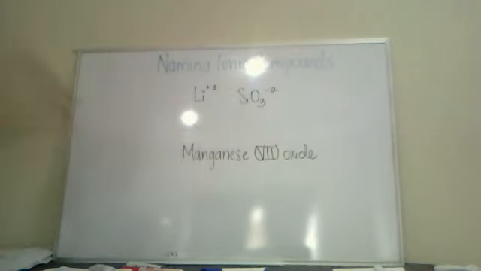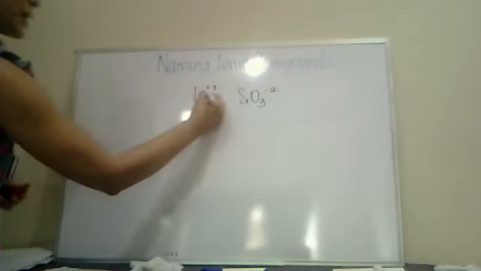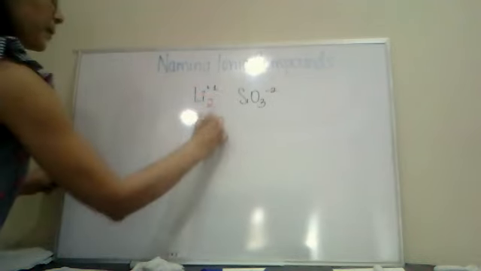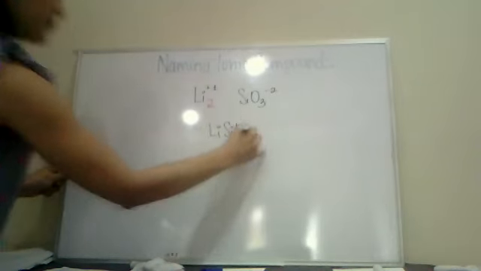And it's on the back part of the periodic table or in the chart that you have on your books. And silicate has a charge of negative 2. So as we've been learning, the charges on the top need to have the same number. So this one's easy to make because I just need to put a 2 here. And that becomes Li2SiO3.